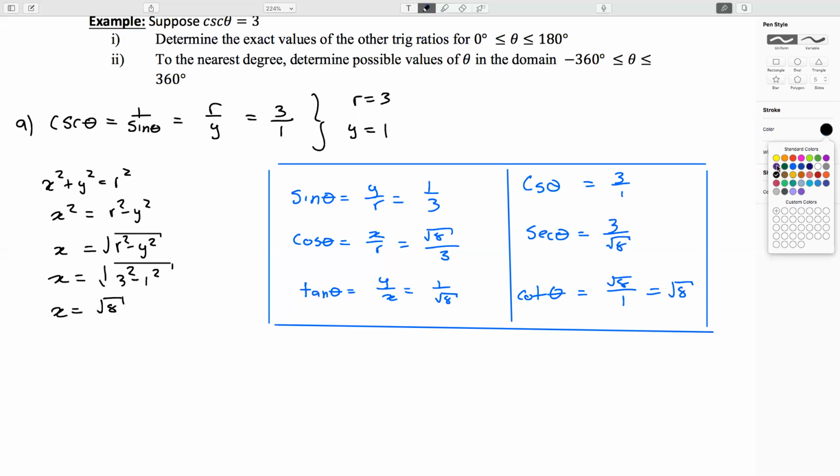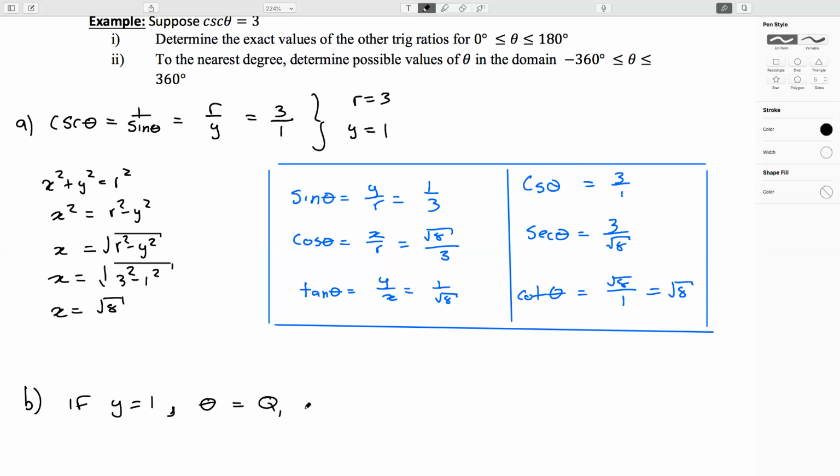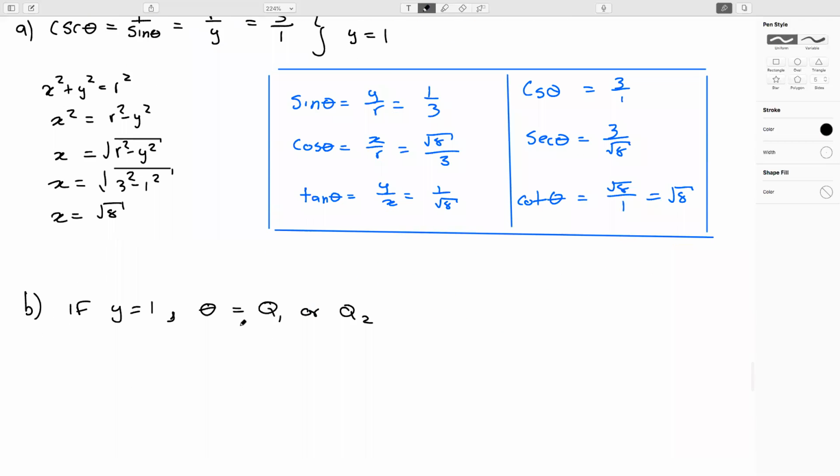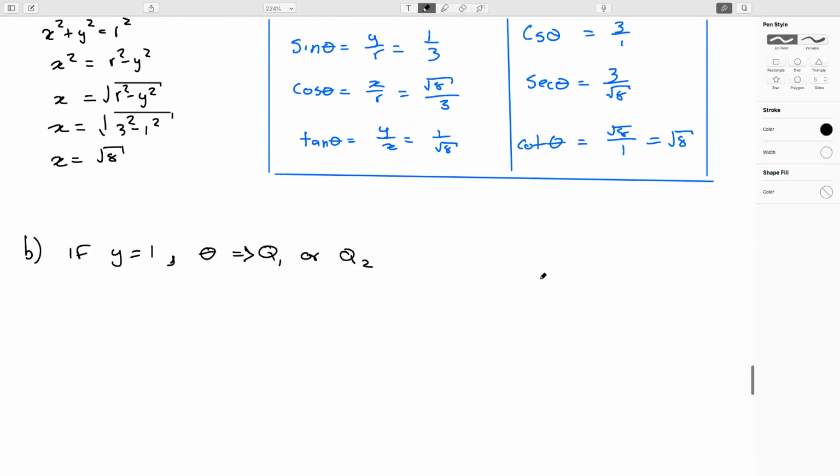So part B, if y equals 1, then theta has to be either in quadrant 1 or it's going to be in quadrant 2. Theta is either in quadrant 1 or 2. 3 and 4 have negative y values, so they're not possible.